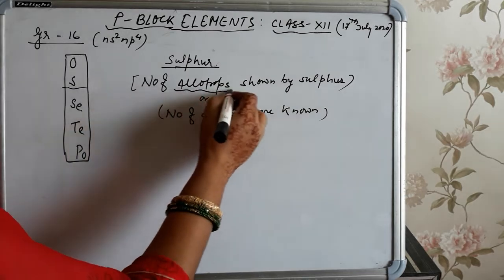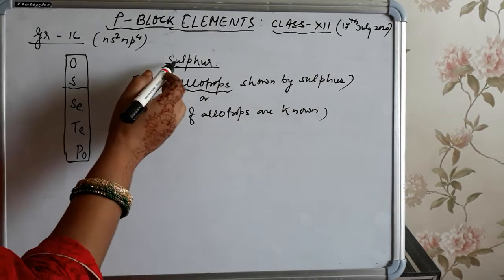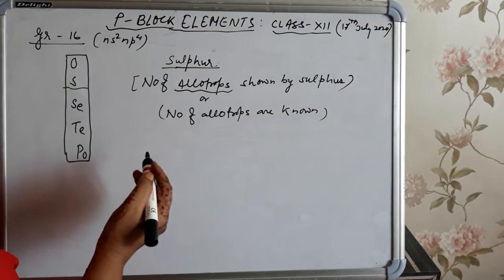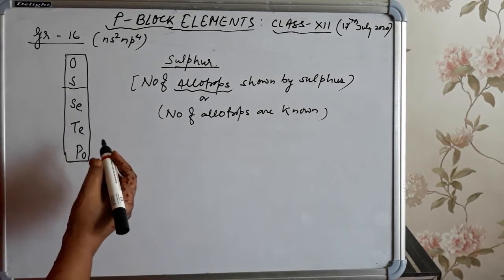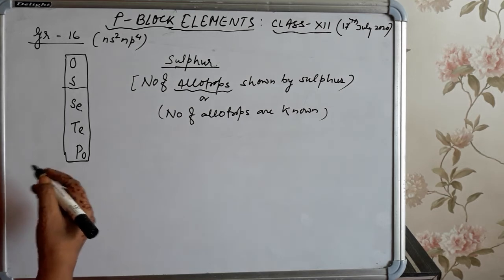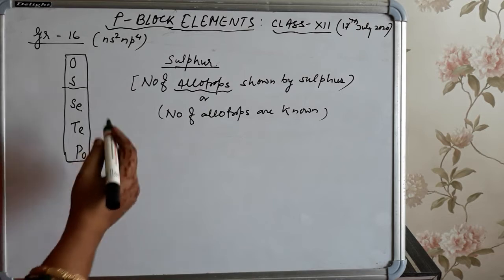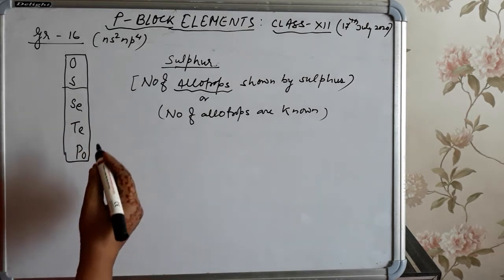What do you mean by the term allotropes? The species which exist in nature in more than one form, in which their chemical properties are similar but their physical properties are different. This is known as allotropes of that particular element.